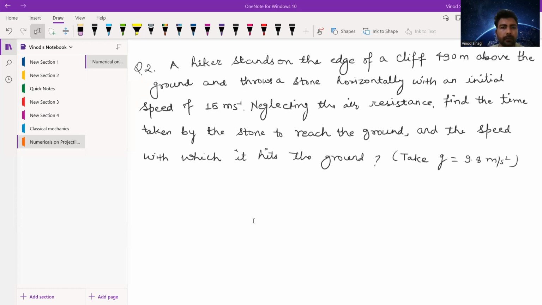So first of all, here in this case, we can say the projectile is not starting from the ground level. Initially, it is situated at some height, and that height is 490 meter, as given here.